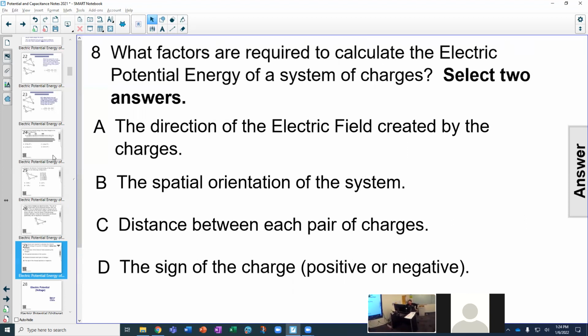What factors are required to calculate the electric potential energy of a system of charges? Two correct answers. What do we need to calculate the electric potential energy of a system?